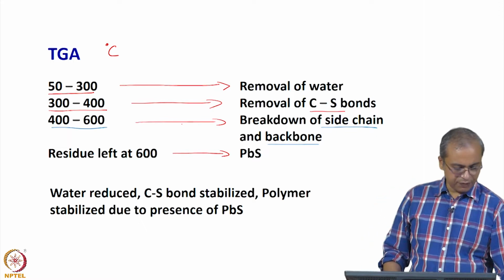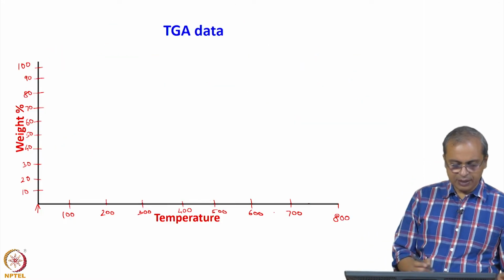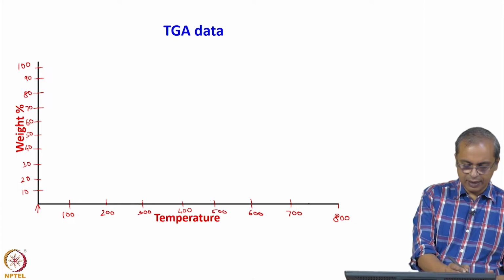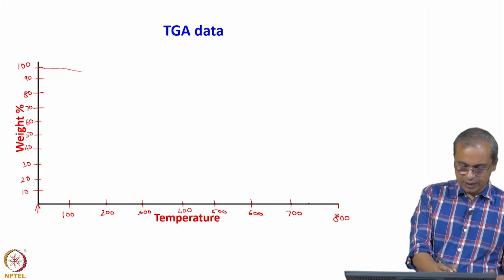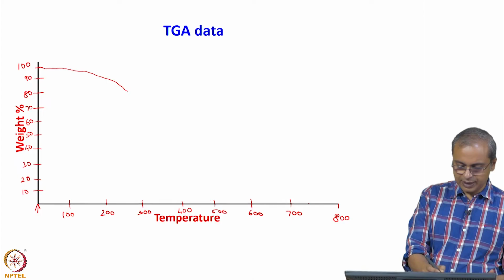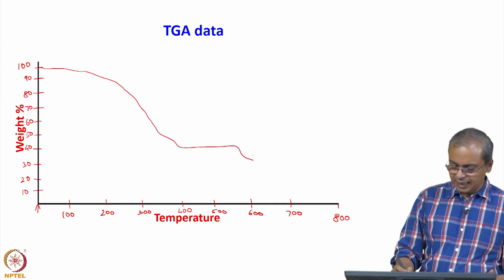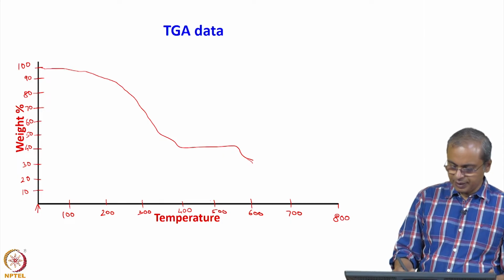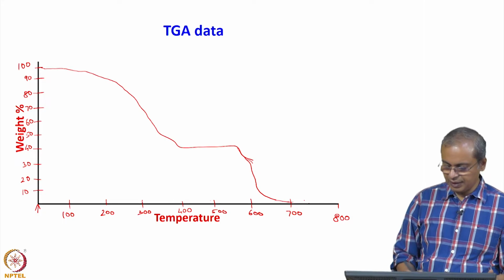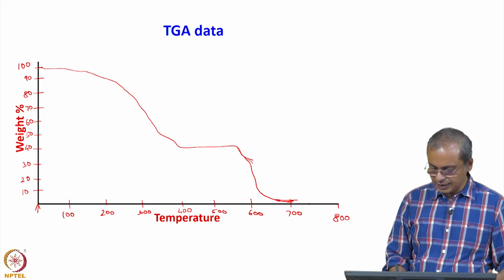Just in terms of a schematic, you are looking at something that starts at 100%, and then as you approach 300 it begins to drop, then drops some more, and you may have some features, etc. Eventually, around 600 degrees C, nothing will be left, or rather you will have a very small percentage left.